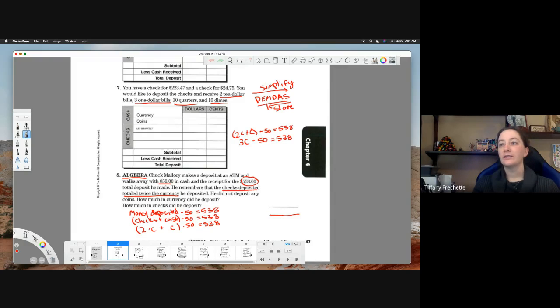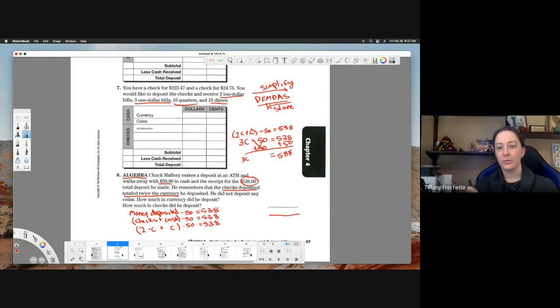So I find the number that's being subtracted from my variable, and I add it to both sides. 3c drops down. 50 minus 50 cancels out, it becomes 0. And then we end up with 588. Now we can do multiplication or division.